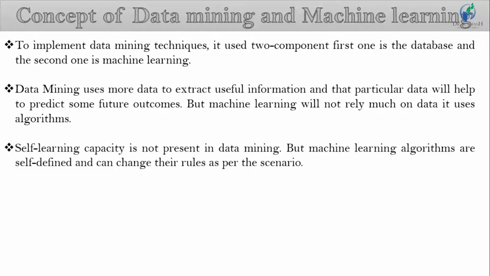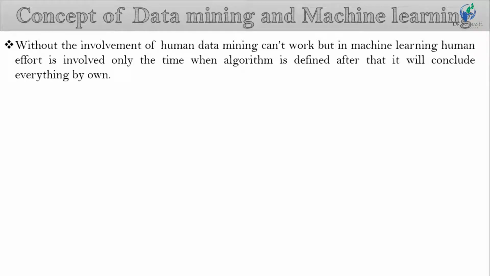The main and foremost variance between data mining and machine learning is that without the involvement of humans, data mining cannot work. But in machine learning, human effort is involved only at the time when the algorithm is defined.